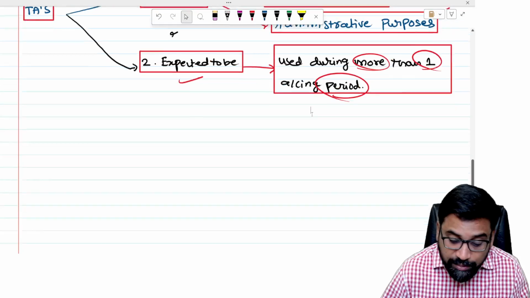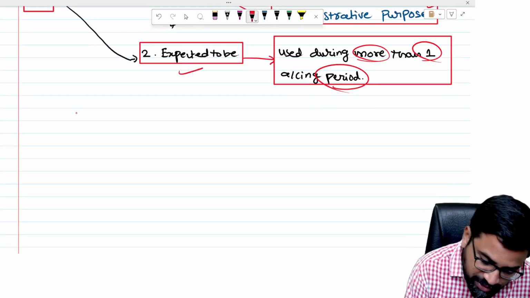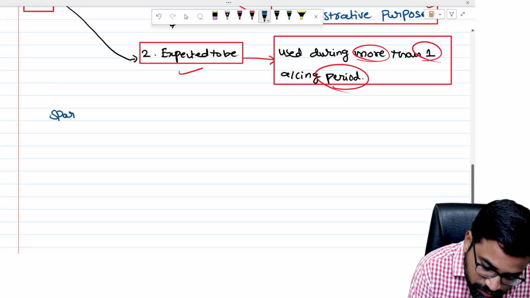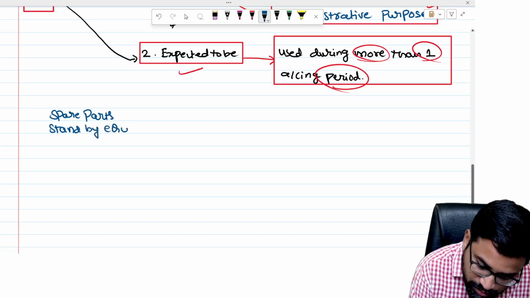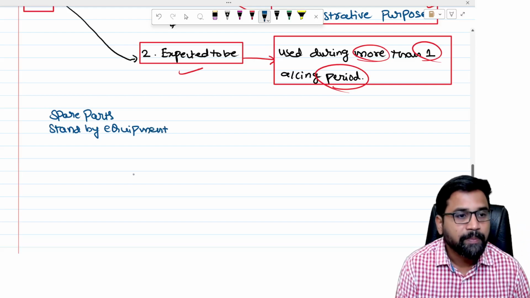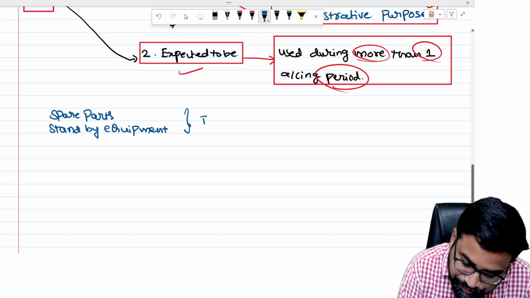And what about spare parts and standby equipment? You tell me how to treat spare parts and standby equipment, what is the treatment? Simple treatment.